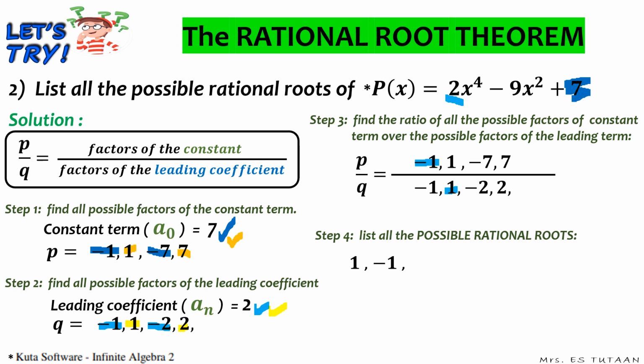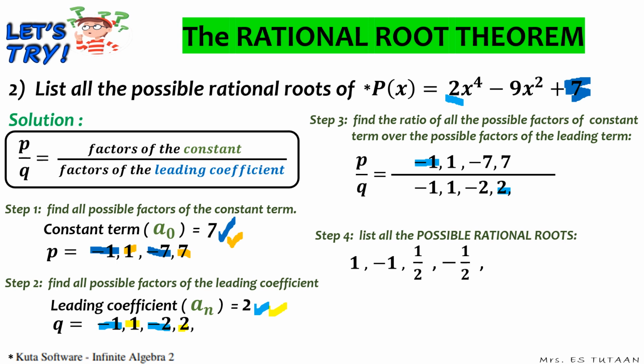Next, negative 1 divided by negative 2? The answer is positive 1/2. So, unahin nyo yung numerator ha, divided by denominator. And then next, negative 1 divided by positive 2. So, that will give us negative 1/2.